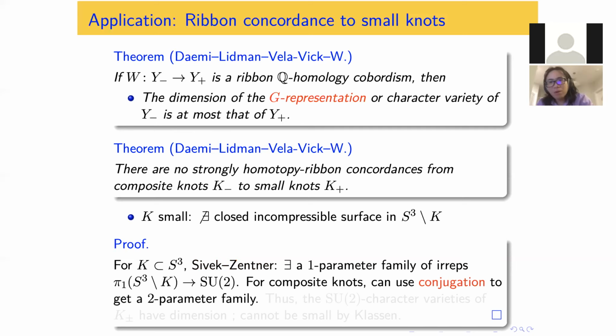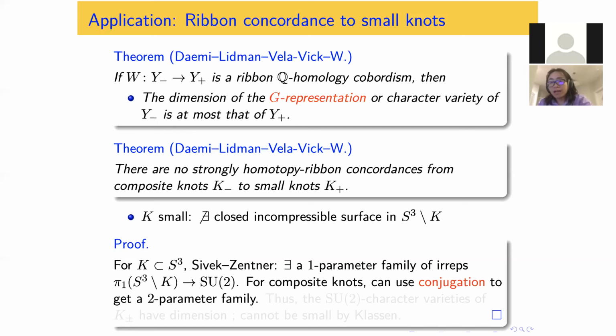Now, if you have a composite knot, you can take the irreducible SU(2) representations for one of its summands, and then take the other summand, and you use conjugation to get a two-parameter family of irreducible representations into SU(2).